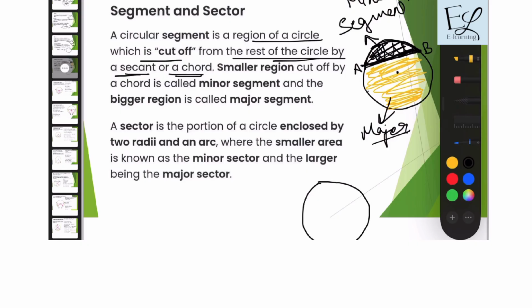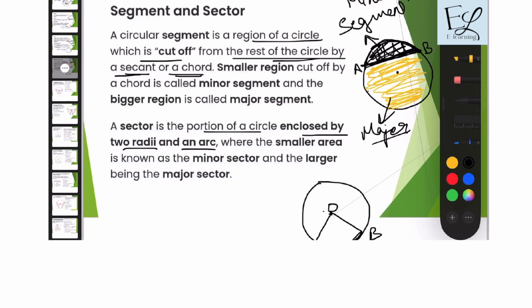Now sector. A sector is a portion of a circle enclosed by two radii and an arc. That means two radii. I am making here two radii, naming them OA and OB. Now the arc is AB.